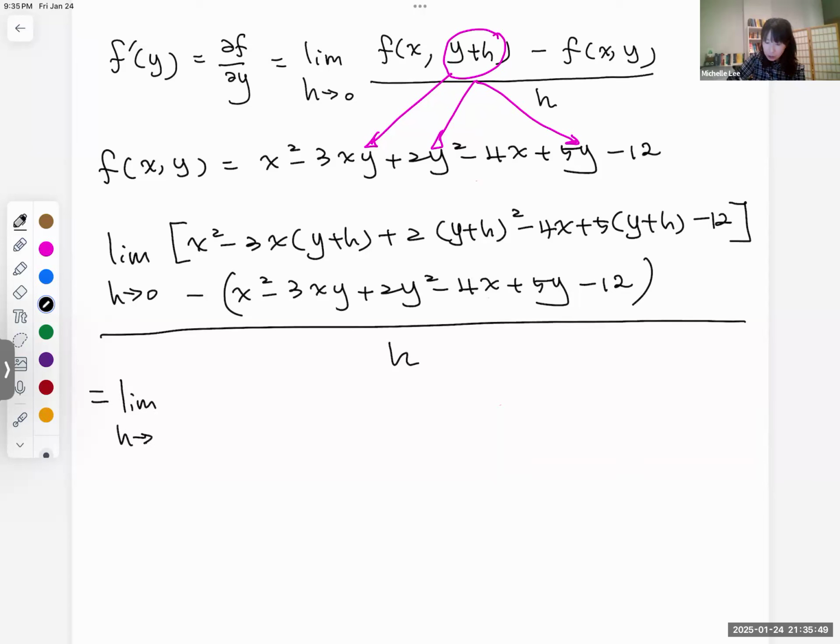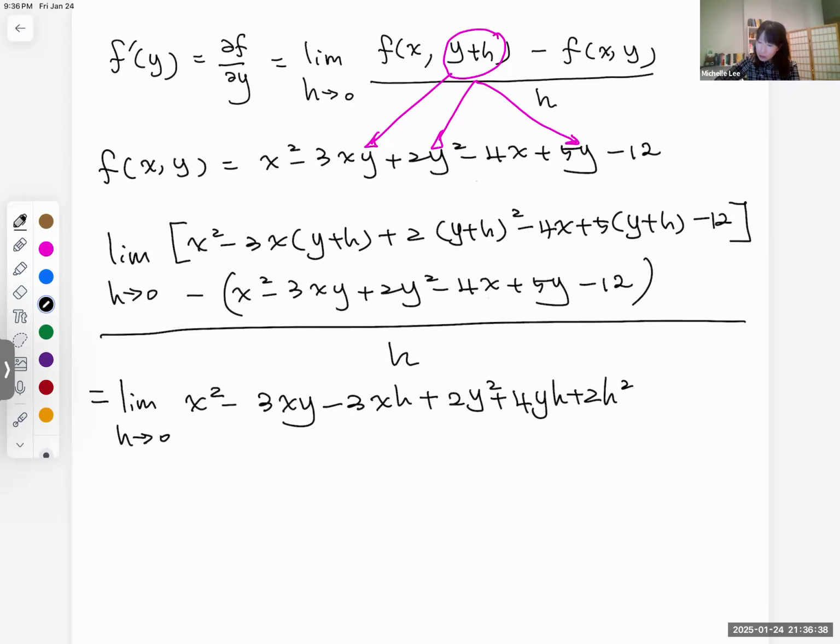Okay, let's do it. Limit as h approaches 0, x squared minus 3x, we distribute y and h, but it's negative, so we have 3xy minus 3xh plus 2y squared plus 2 times a times b, which is 2yh, but it's 4yh, then h squared plus 2h squared.